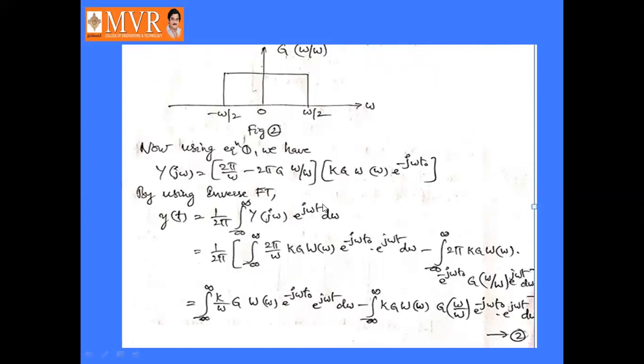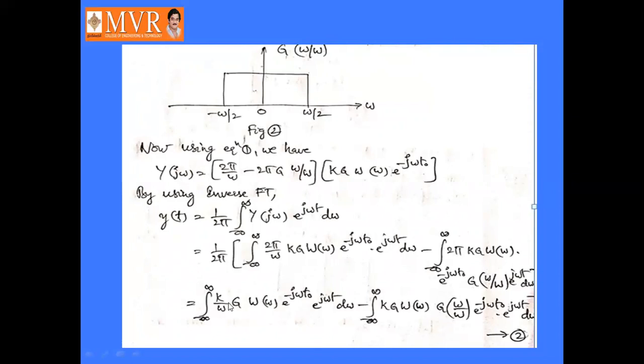So by substituting this value in this expression, it will become 1 by 2 pi integral minus infinity to infinity 2 pi by omega into kg into w of omega into e power minus j omega t naught into e power j omega t d omega, minus integral minus infinity to infinity 2 pi into kg into w of omega into e power minus j omega t naught into g of omega by w into e power plus j omega t d omega, right?